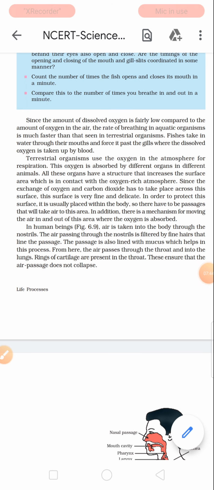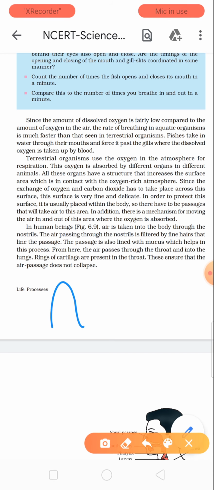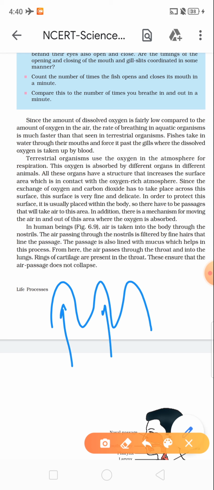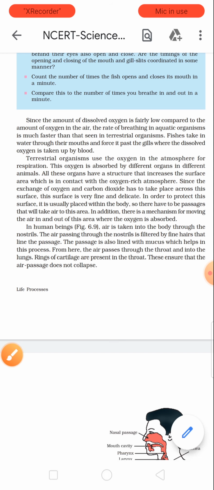All these organisms have a structure that increases the surface area in contact with the oxygen-rich atmosphere. In each of the terrestrial organisms we have to increase the surface area. If the surface area is more, then what will happen? More absorption of the gas will take place.